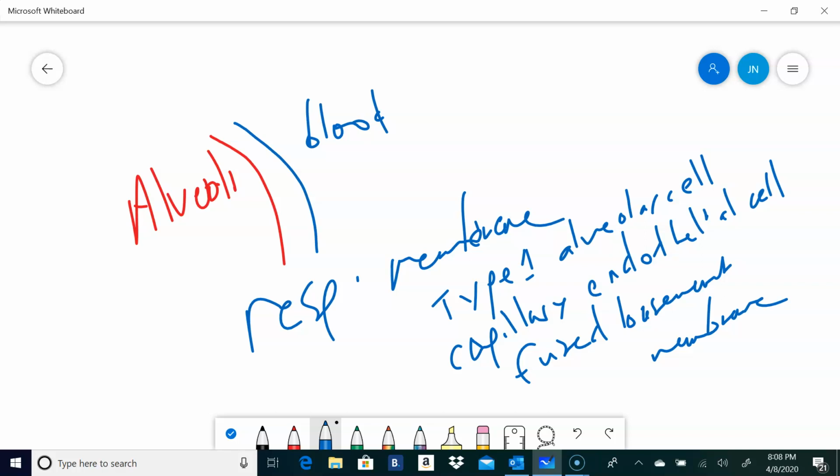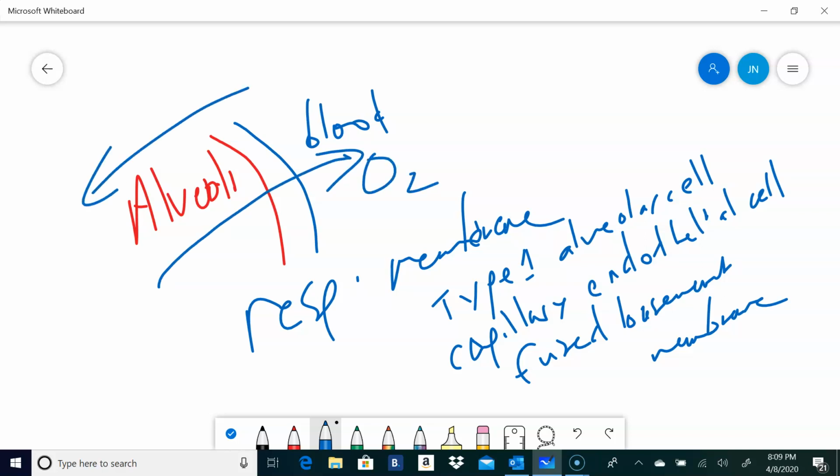This is not much of a barrier at all. These are squamous cells. They're flat membranes, so thin it's going to allow oxygen to move this way, carbon dioxide to move this way, with their pressure gradient.